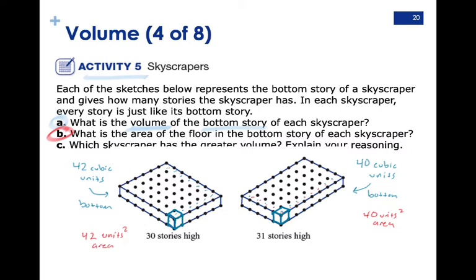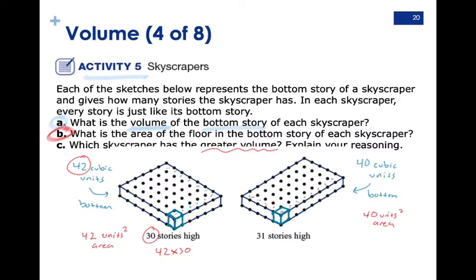And then we could talk about which skyscraper has greater volume. And now these numbers might get a little bit larger, so the easier way arithmetically would be to talk about the volume on that floor and multiply by how many stories it actually has. And that'll give us total volume.